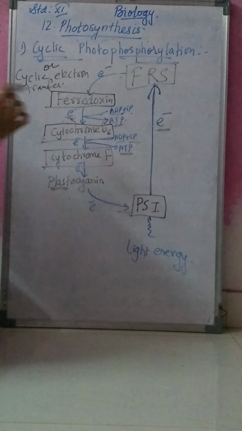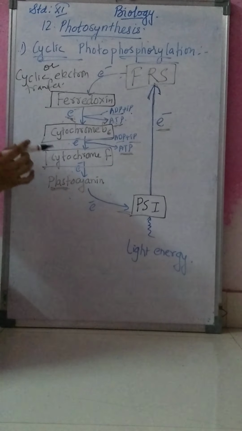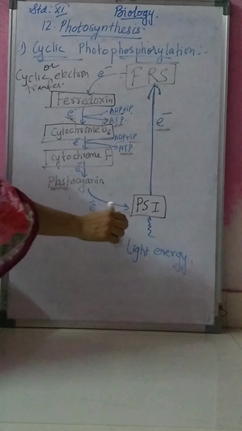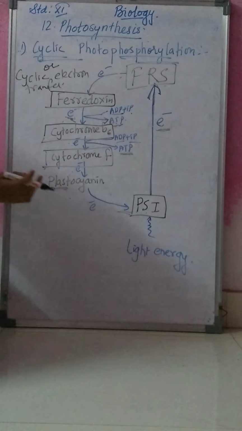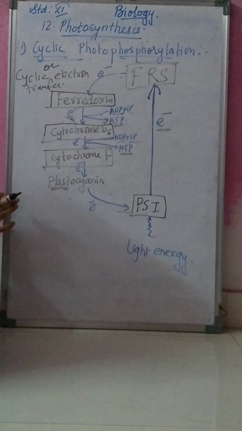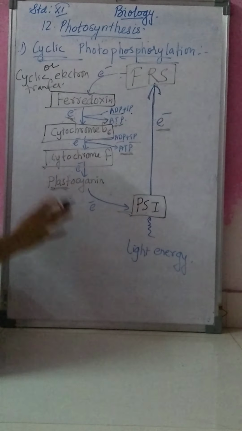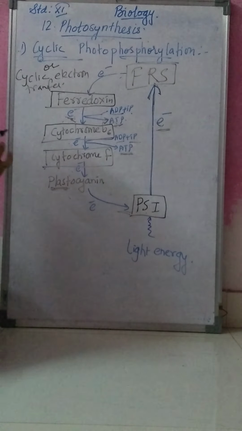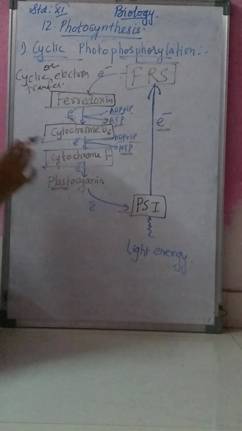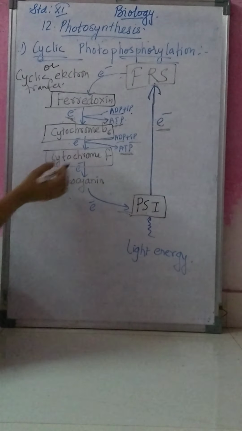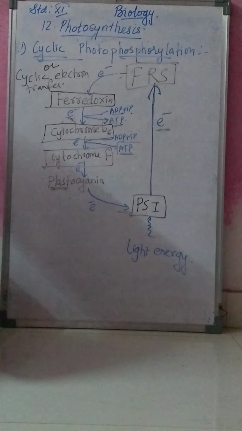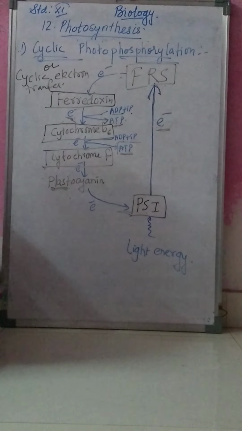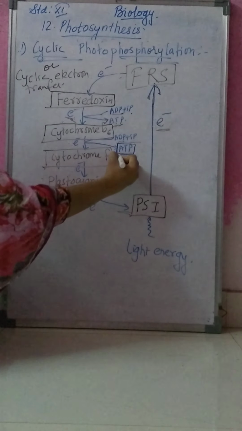See, in this process it involves only photosystem 1. Only one photosystem is involved, that is photosystem 1. And here no photolysis of water has taken place, no water is formed, and no oxygen is evolved. Only one thing has taken place, and that is the synthesis of ATP.